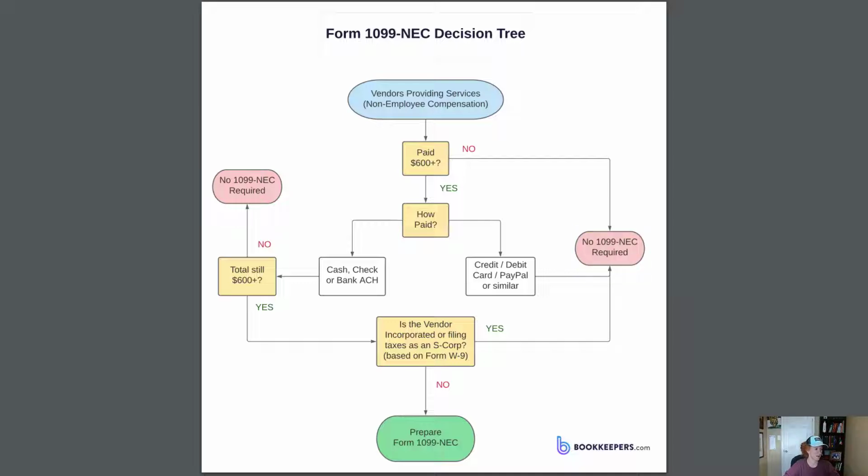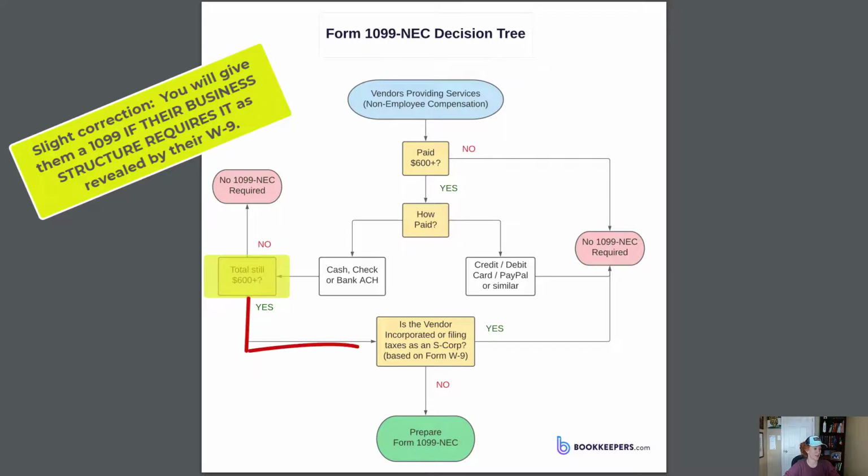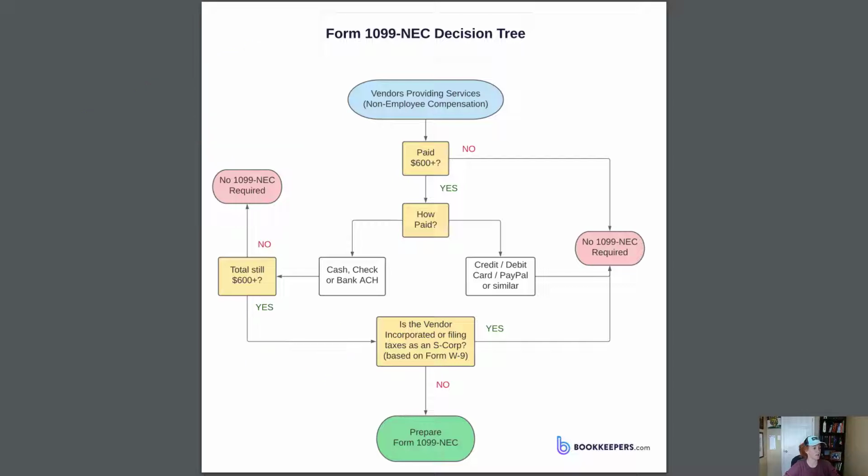If you paid them via cash, check, or bank ACH, and the total is still $600, you will need to issue a 1099. If the portion that you paid them is not still $600, you do not need to issue them a 1099.